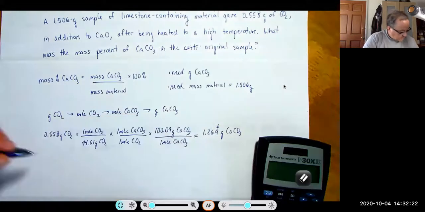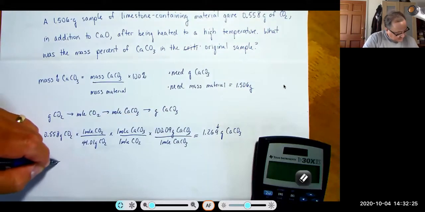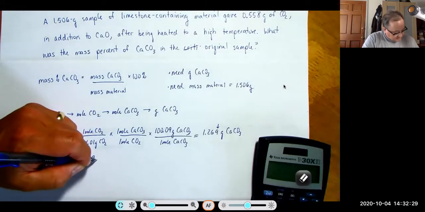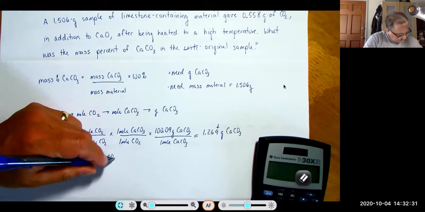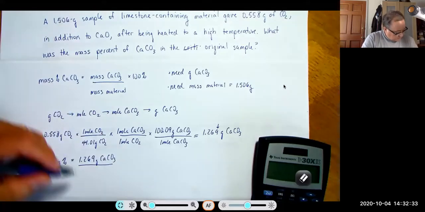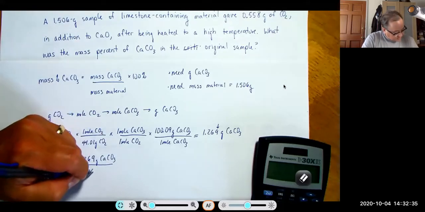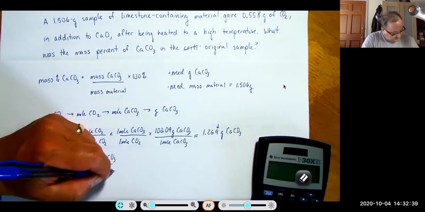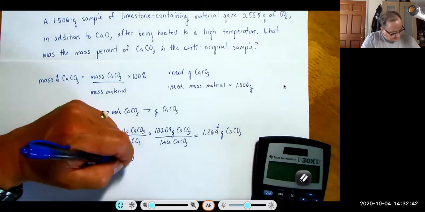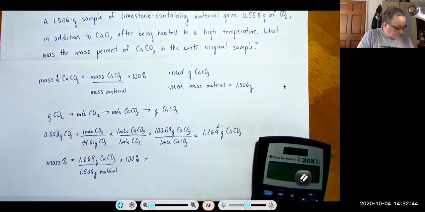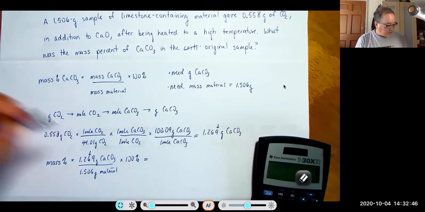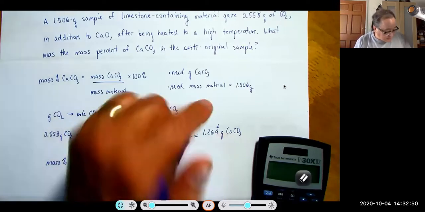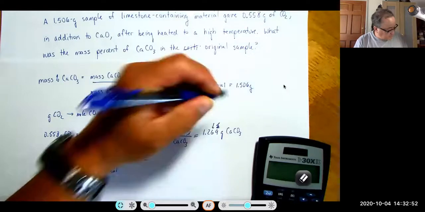And so here, the mass percent is going to be the 1.269 grams of calcium carbonate per 1.506 grams of material times 100%. Now remember, this only gets 3 sig figs, so when I'm done, we round to 3 sig figs. I should have put the arrow here because of the 558.